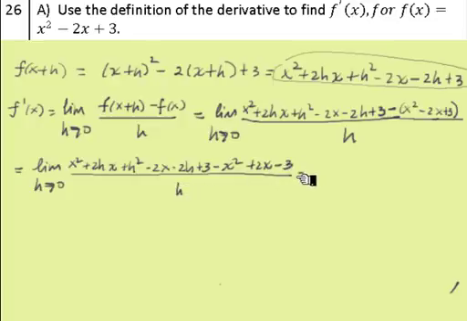Now cancel what we can. Let's see, we have x squared minus x squared. Let's cross that out. We have minus 2x plus 2x. Cross that out. Plus 3 minus 3. Cross that out. We are left with 2hx plus h squared plus minus 2h.